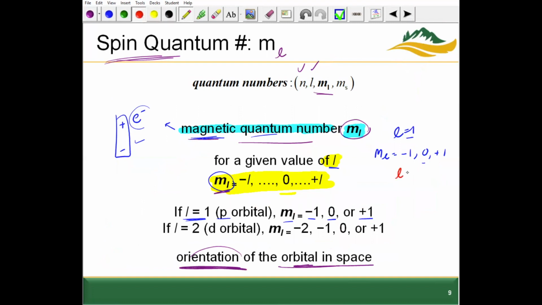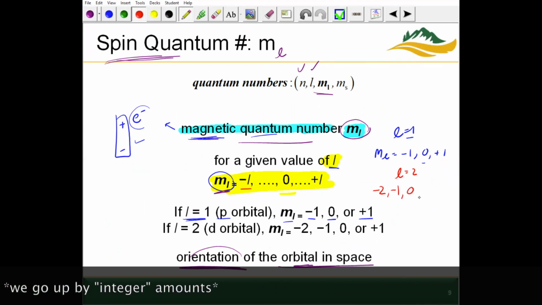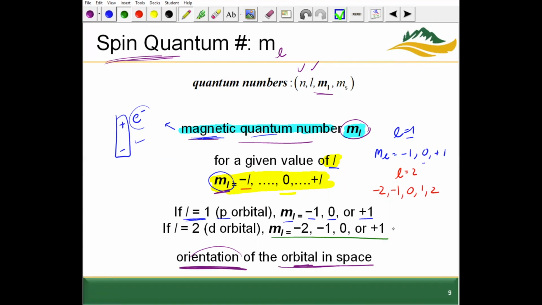Let's try l equal to 2. It can be negative l, so negative 2. We go up by integral amounts, so negative 2, negative 1, 0, 1, 2. So those are listed here. These are our possible m sub l values. Let's try one more. Let's say l is equal to 3.